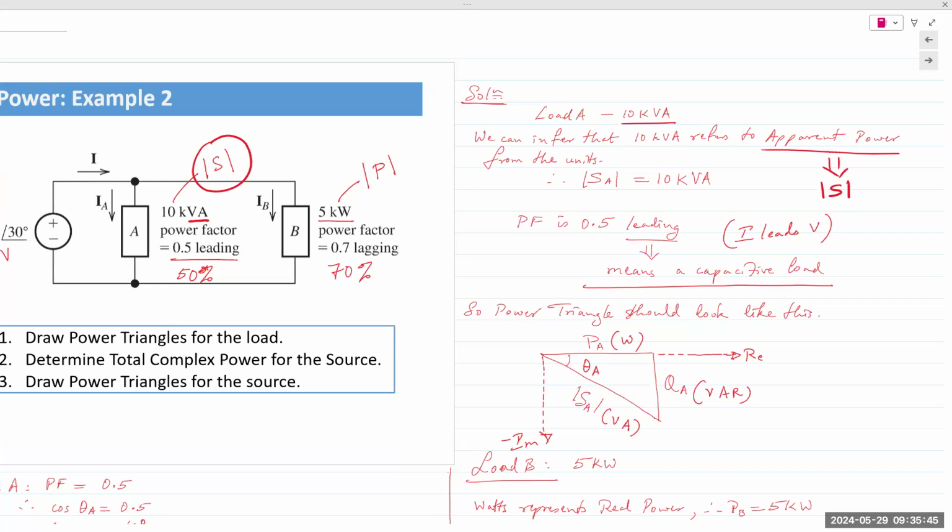If current leads, power factor is leading. You're talking only about power factor, okay? Nothing else. So if it says power factor leading, it means it's a capacitive load. Power factor lagging means it's an inductive load. So we can infer from here that element A is a capacitor.